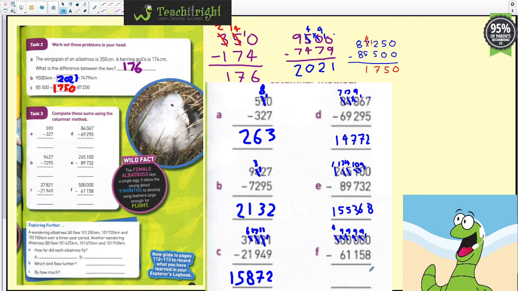So 10 take away 8 is 2, 9 take away 5 is 4, 9 take away 1 is 8, 9 take away 1 is 8, 9 take away 6 is 3, and 4 take away nothing is 4. So the final answer is 438,842, which sounds good to me.